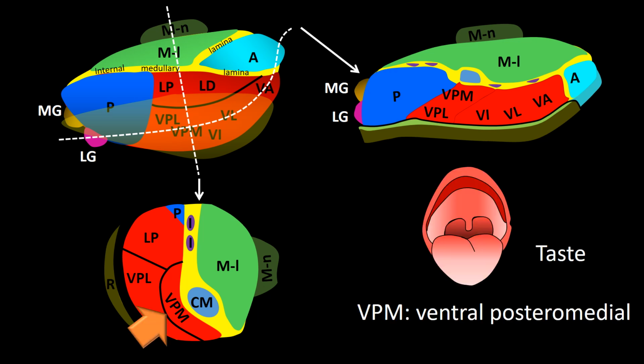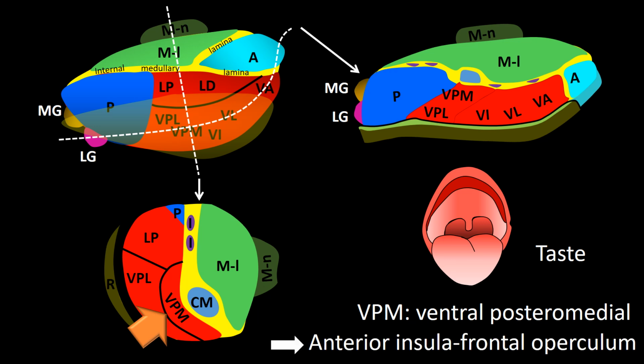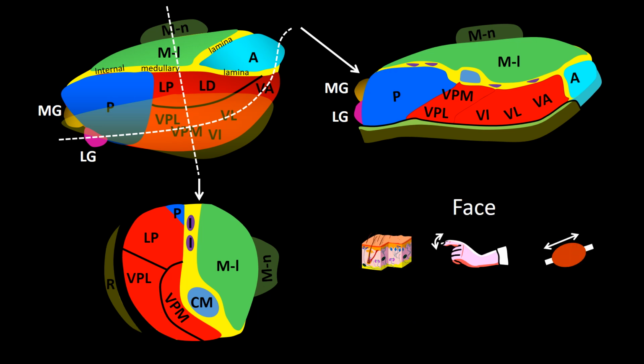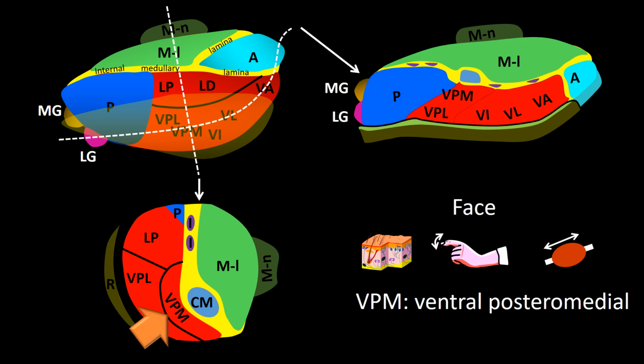Taste involves the ventral posteromedial nucleus, from where fibers go to the anterior insula and frontal operculum. Face sensation from the skin, joint, and muscles involve the ventral posteromedial nucleus, the same as taste, from where fibers go to Brodmann area 3-1-2.